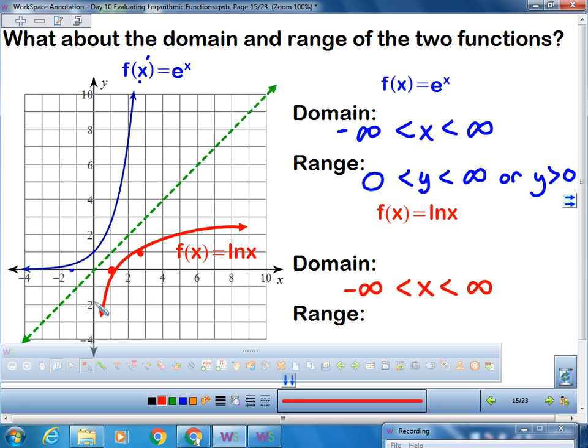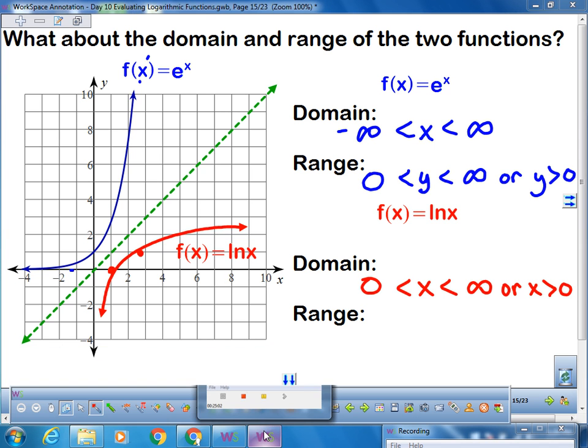Yes. Is it ever going to cross over this line right here? No. It's never going to cross over. So it can never get smaller than 0. You have to put a restriction in here, right? So I could say it like this, or I could say x has to be bigger than 0.